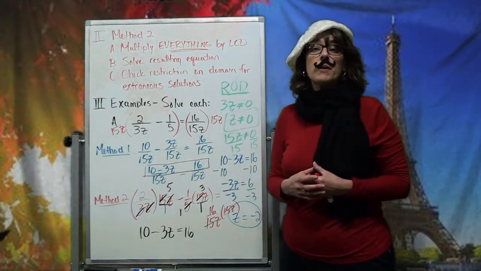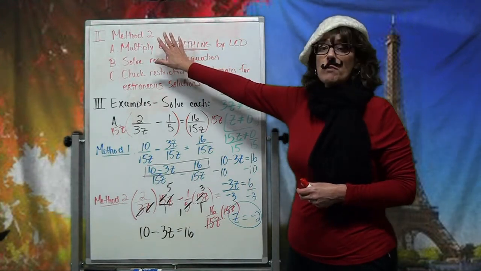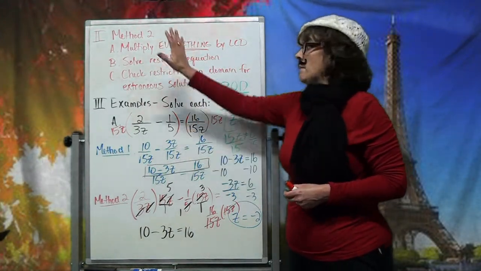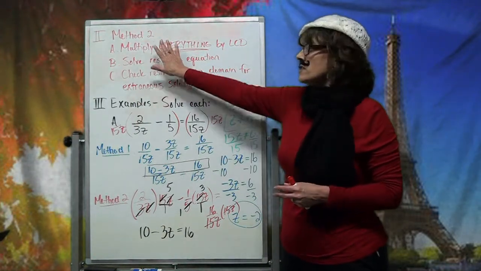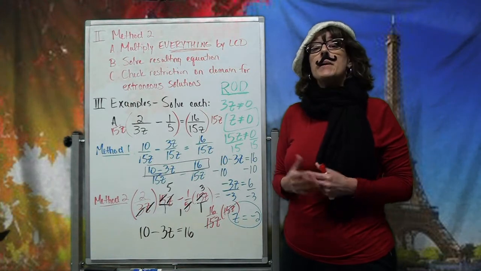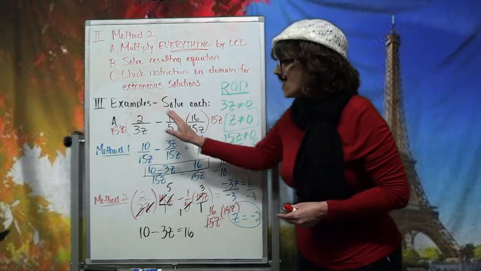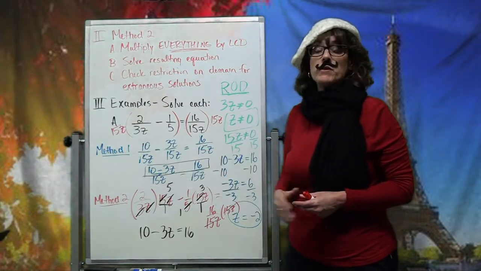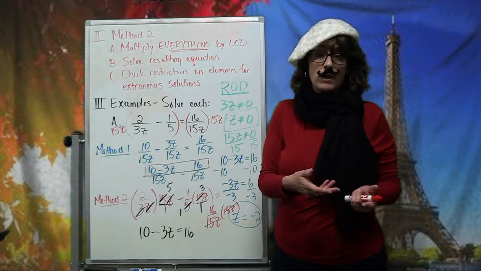So my point is simply this. If you are one who will get confused that I'm allowed to do method 2 when there's an equal sign, I'm not allowed to do method 2 when there's no equal sign, then for you, this second method doesn't exist at all. Because the first method of adjusting all these LCDs, multiplying numerators and denominators by the same factor, that method will work whether you have an equal sign or whether you don't have an equal sign.